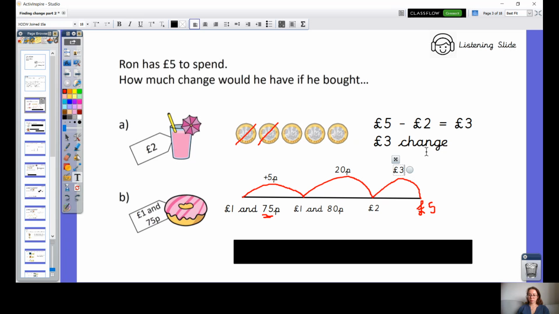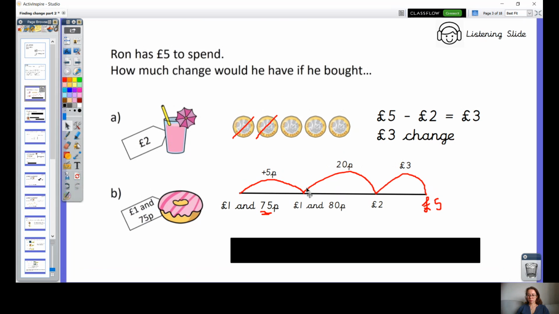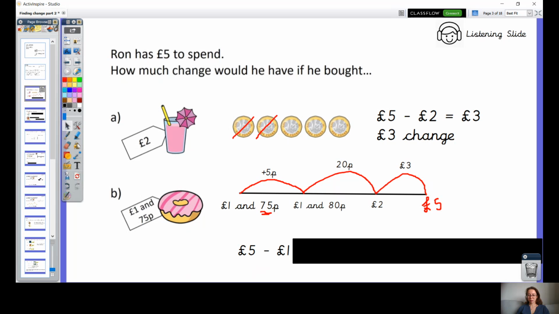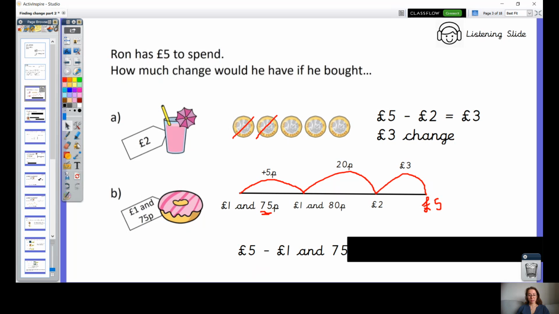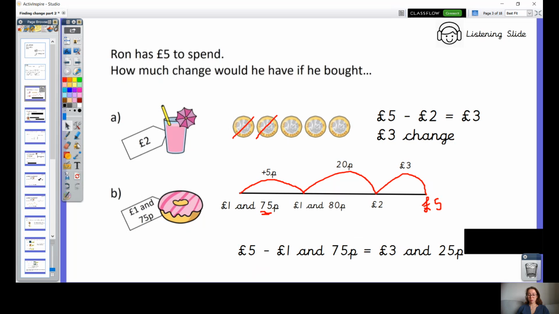Another £3, don't I? And so £5 take away £1.75, we found the difference, and the difference is £3.25. And we can see that looking at the top of our number line, that is the difference.